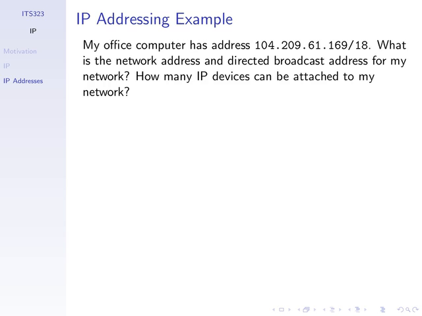For the network address, we set the host portion to all zeros. So it's going to be these 8 bits, these 8 bits, 2 zeros, that is these 2 bits, followed by all zeros. That gives us the network address.